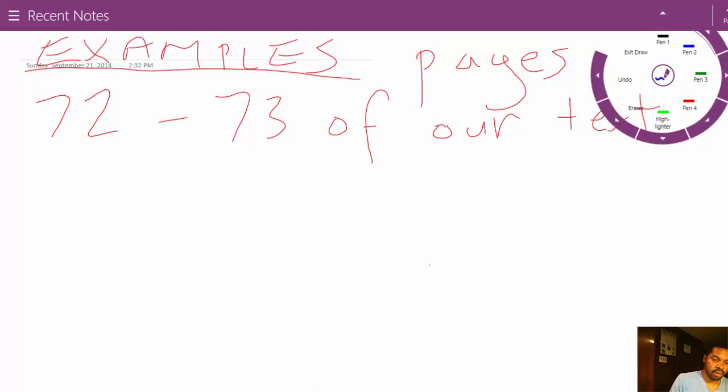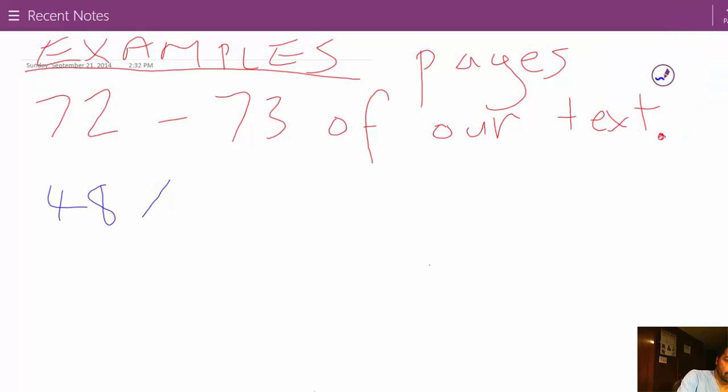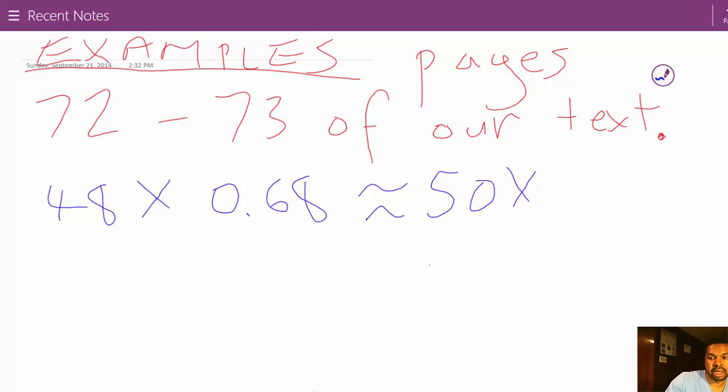If you wanted to multiply 48 by 0.68, or rather multiply 0.68 by 48, you could actually do an estimation. We know this is going to be approximately 50 multiplied by 0.7.